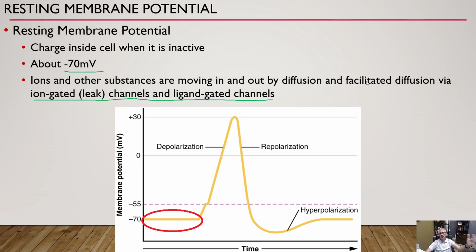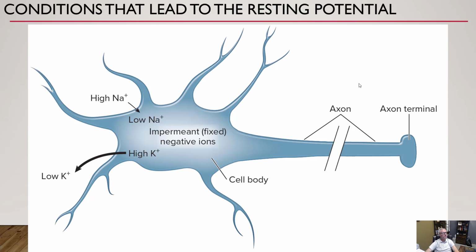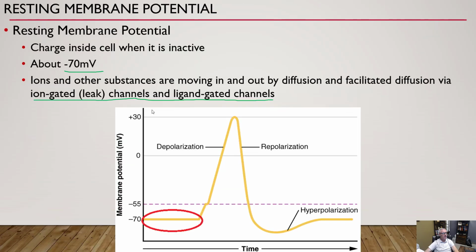Typically, all of these things are passive processes. They don't require energy in order to make this happen. All right, so at rest, sodium is moving in. At rest, potassium is moving out through these ion-gated channels or these ligand-gated channels.